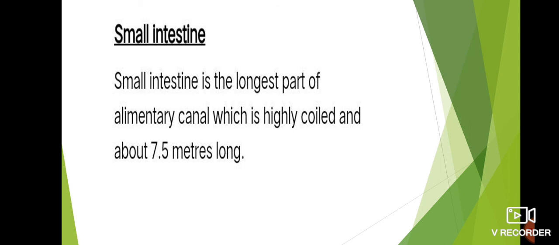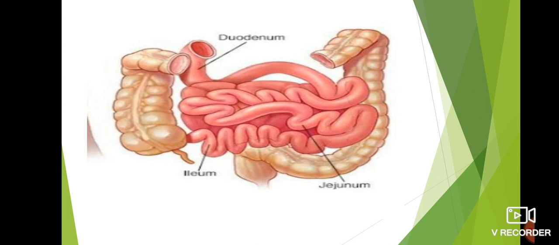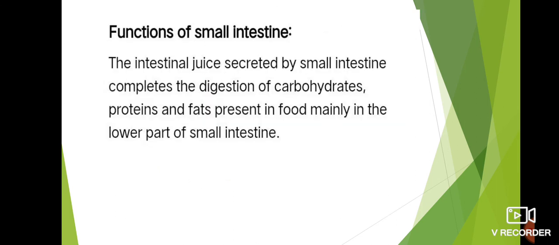Next part in the digestive system is the small intestine. It is the longest part of the alimentary canal, which is highly coiled and about 7.5 meters long. It secretes intestinal juice. It also receives bile juice from the liver and pancreatic juice from the pancreas. Look at this picture. This is the image of the small intestine. Next are the functions of the small intestine.